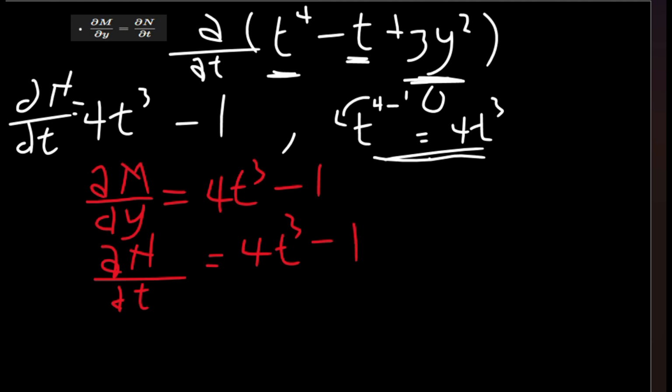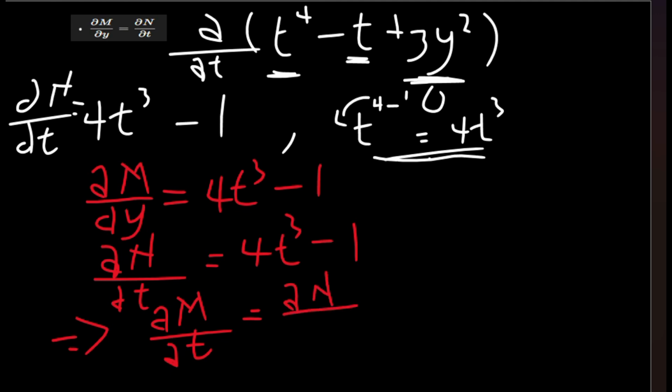So from here we can see that the equations are equal: del M over del y is equal to del N over del t.